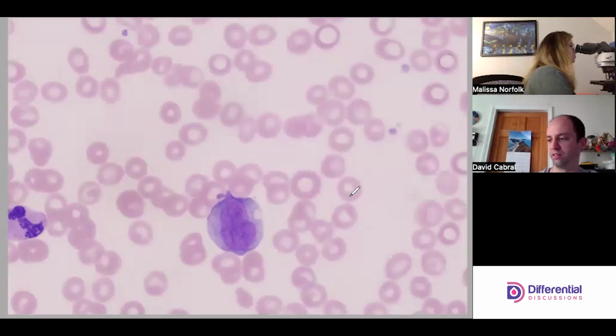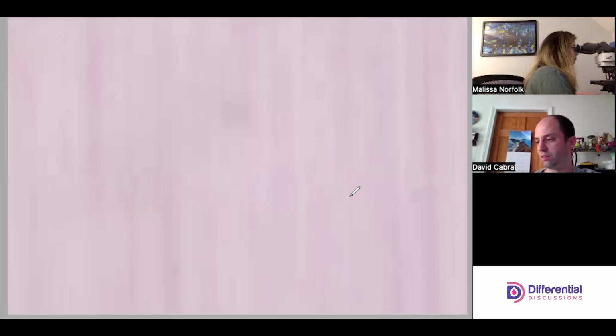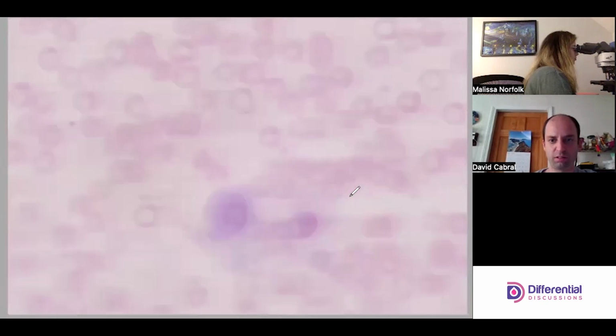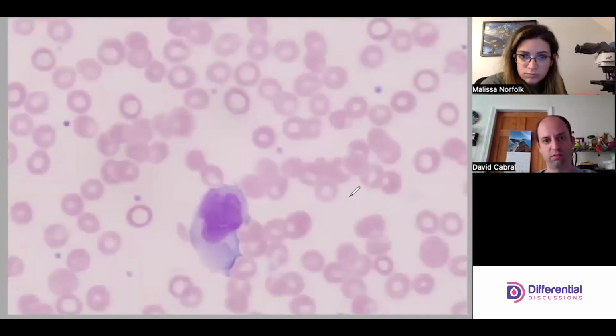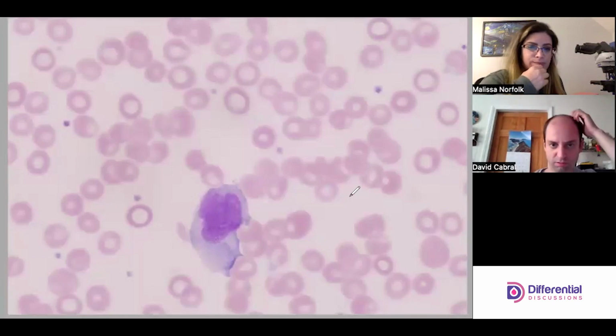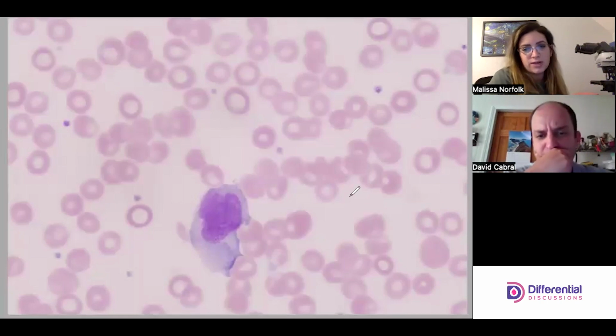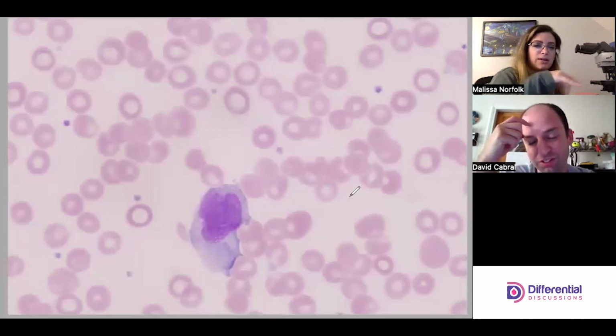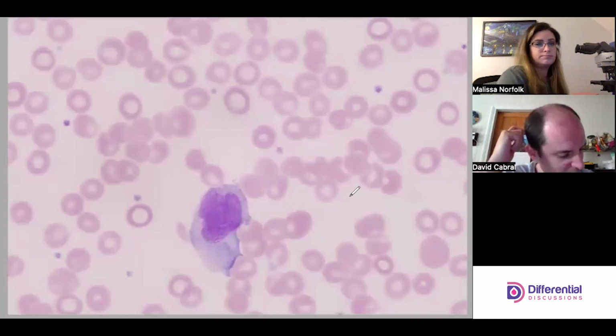Agreed. This one's kind of in between pro mono and mono. There's no nucleoli though, right? And there are areas of distinct mono in the nucleus. So I feel like it's in between, so I would go with a mono. Round up. Yep.